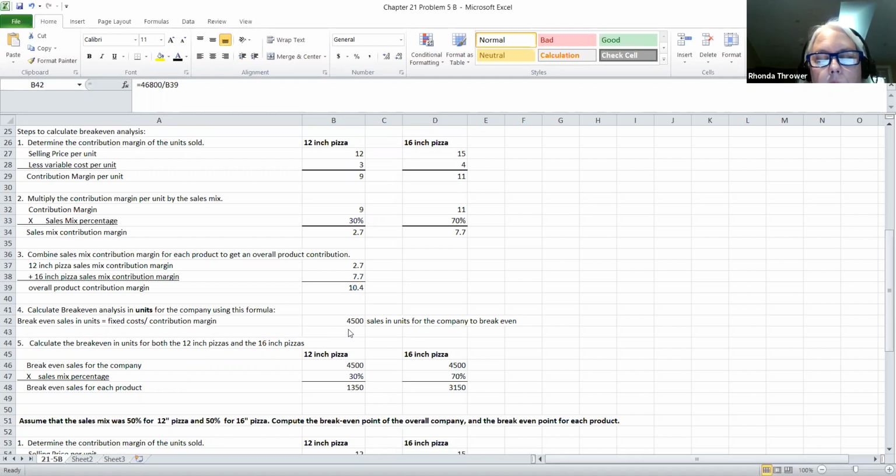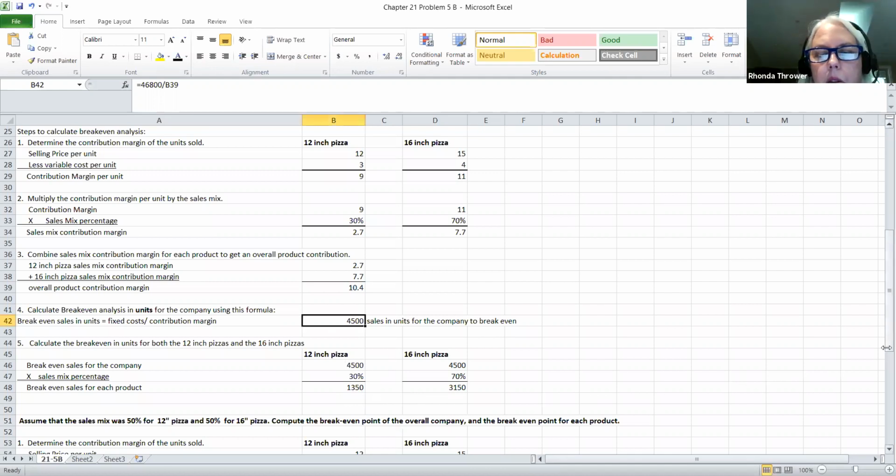But since they had different selling prices associated with the 12-inch pizza and the 16-inch pizza, we need to take that a step further to determine the break-even number of sales we would have for each product. The total company's break-even times the sales mix percentage will give you the break-even sales for each one of the products.